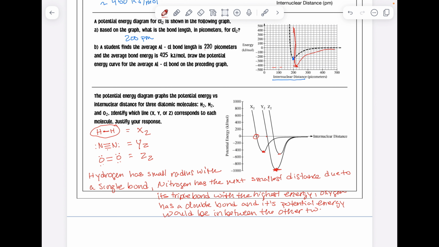Now, you could say this better in a different way, but this is just an example of how to explain your reasoning, and you can even explain it with diagrams as well. Okay, good luck.